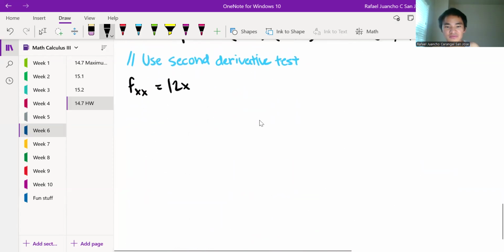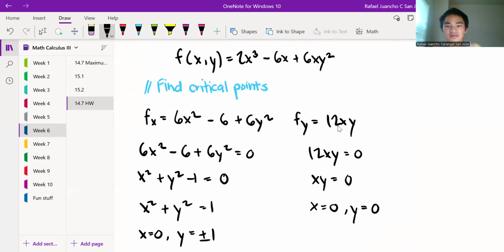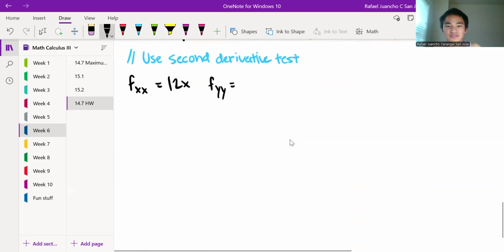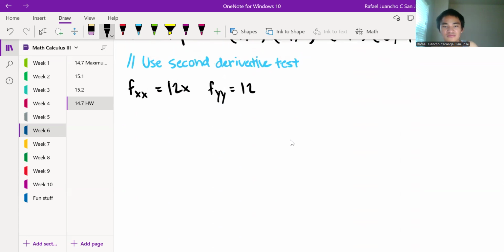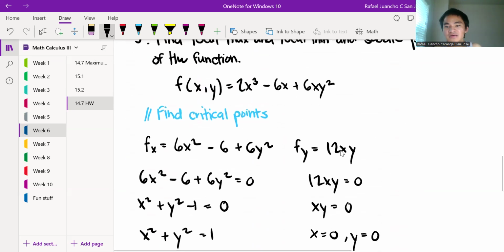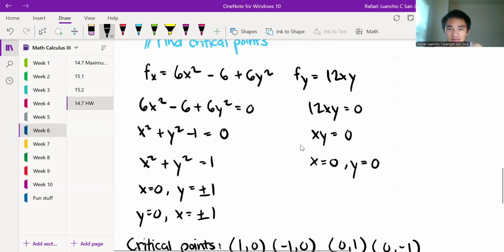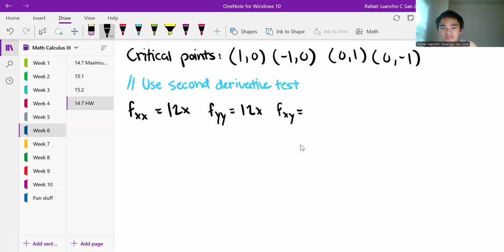Okay, so it's 12x, right? My fyy. So here I look at my y, and oh, I get 12x. Look at that. My fxx is equal to my fyy. Now if I look at my fxy, I look at my y here, I do it in terms of x, well, I get 12y, right? So here I get 12y.